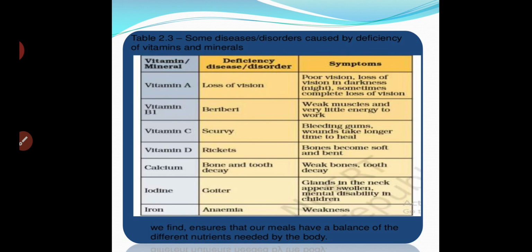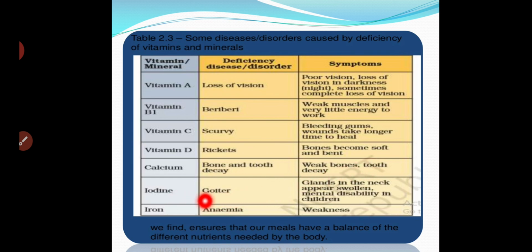If there is a deficiency of calcium, then we will get bone and tooth decay. And what are the symptoms? Weak bones and tooth decay are the symptoms of deficiency of calcium.